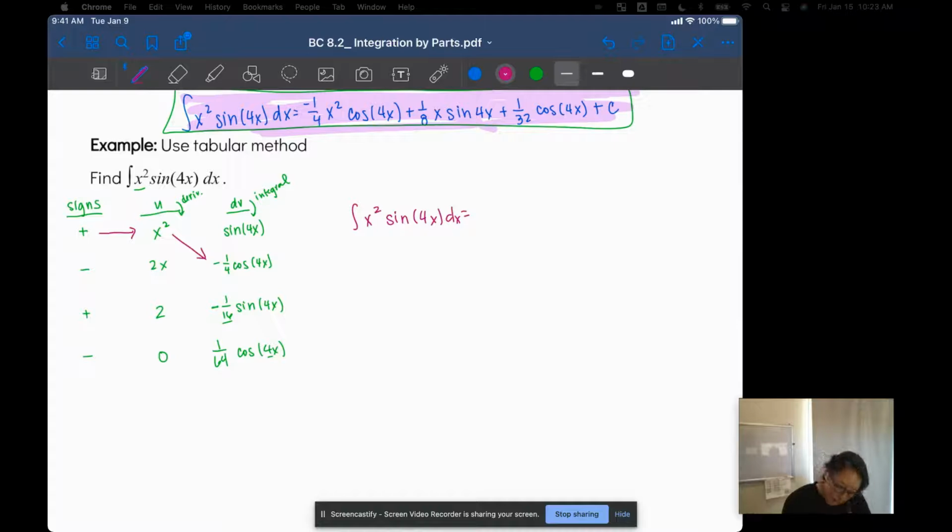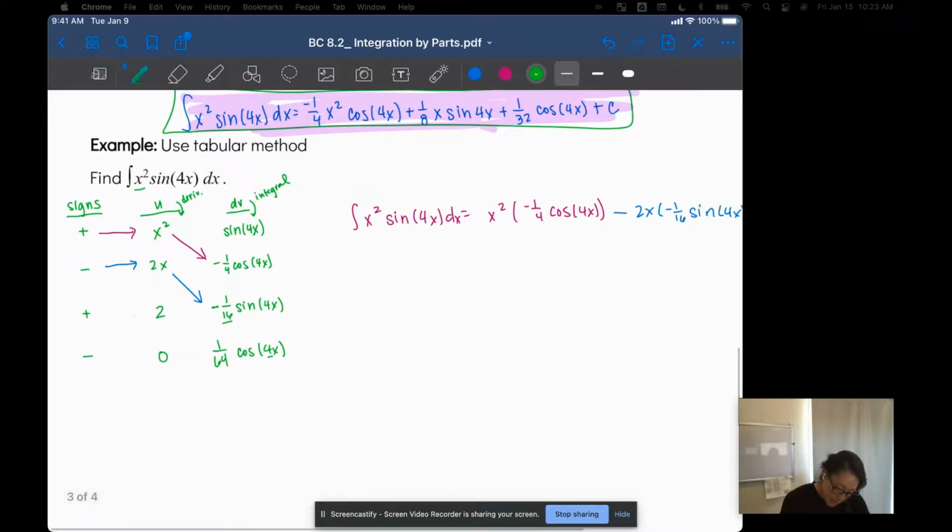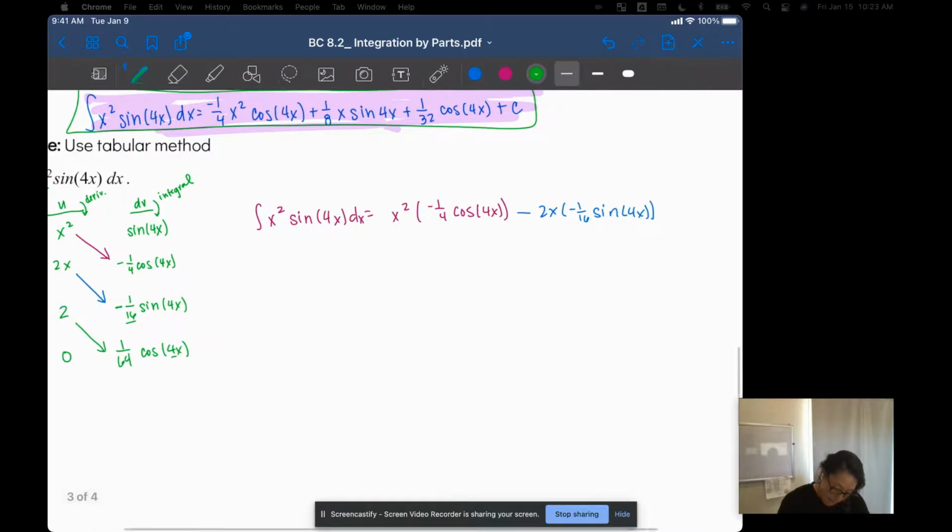So I do positive x squared times negative 1/4 cosine of 4x. Next is a minus 2x times negative 1/16 sine of 4x. And then lastly, we end up with positive 2 times 1/64 cosine of 4x.